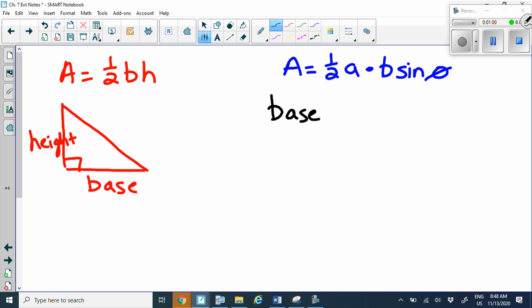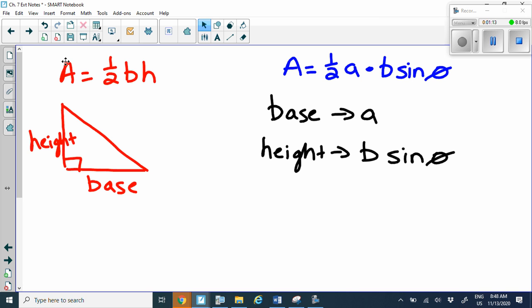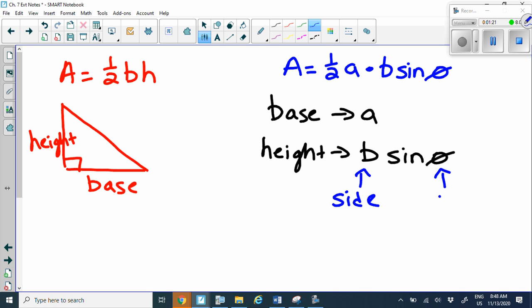The base is going to be our A value, and the height is going to represent B times the sine of theta. Now B is going to be a side.